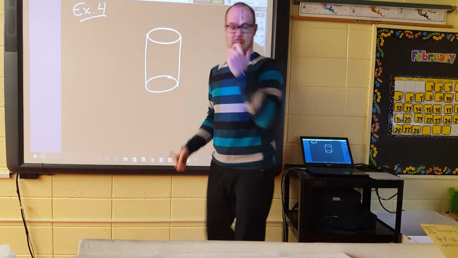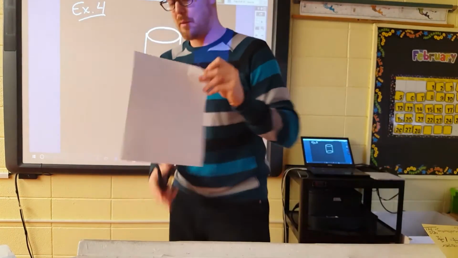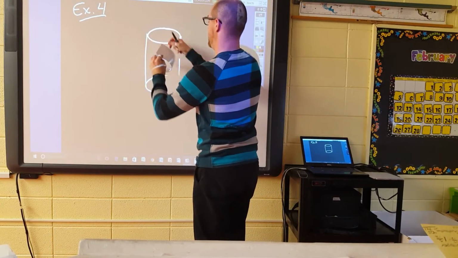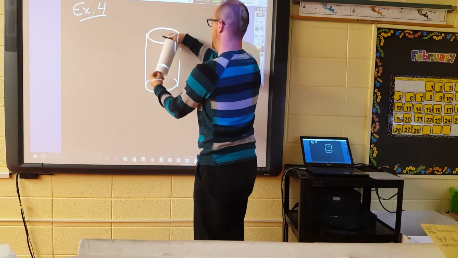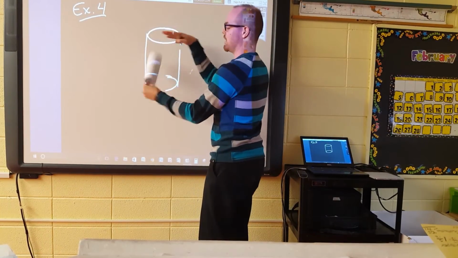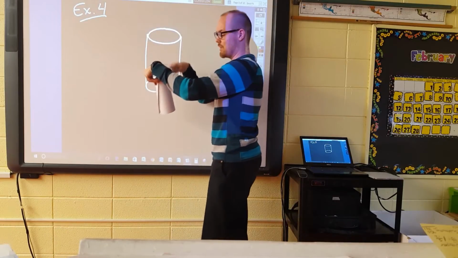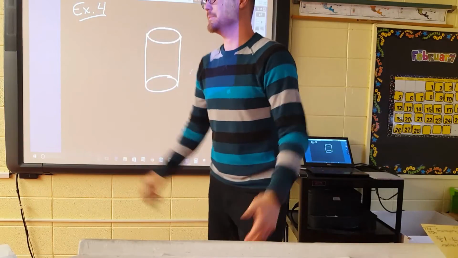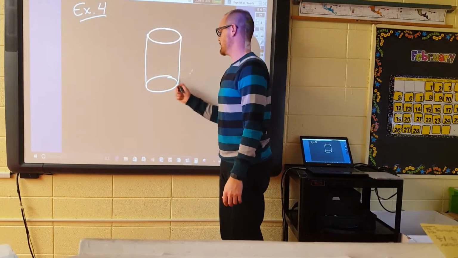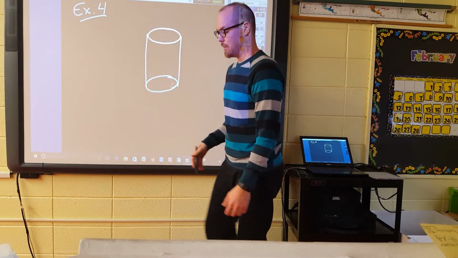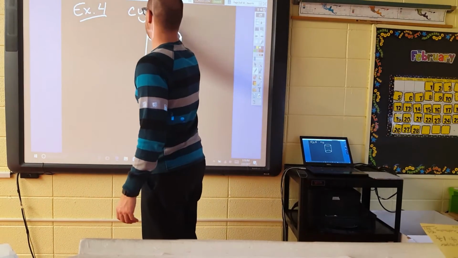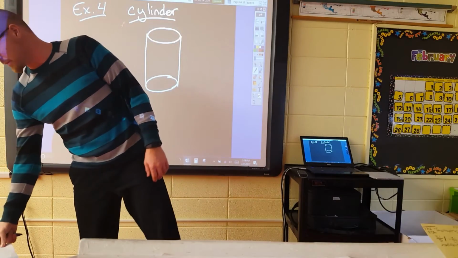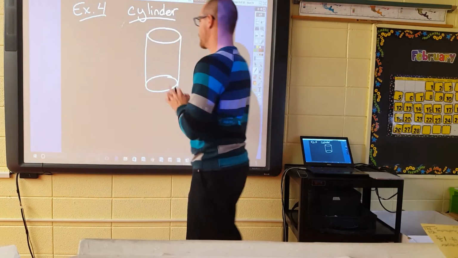If you could imagine a piece of paper, this rectangular face, and you just round it, it would look like this, but we've got a circular face on the top and the bottom. Your can of soup or whatever, that would be this shape. And this geometric solid is called a cylinder.